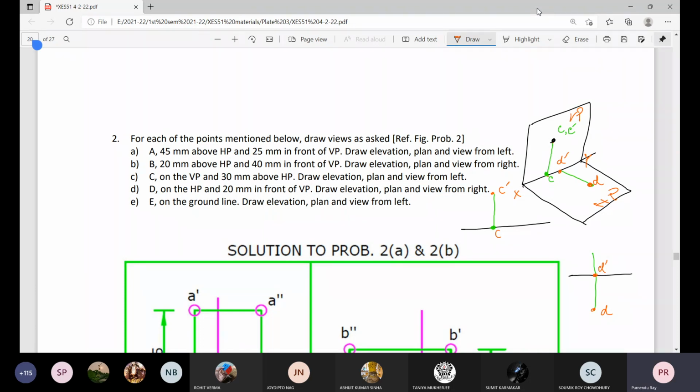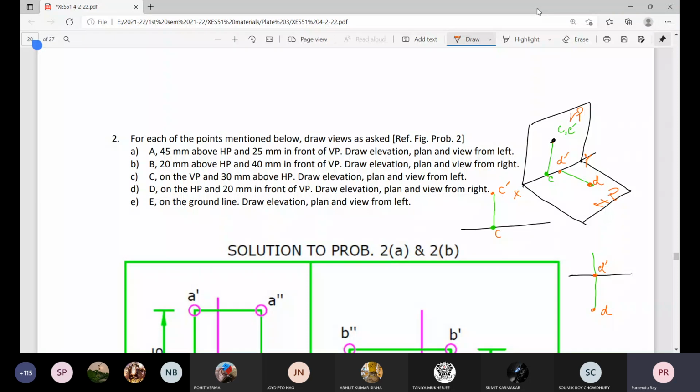So point on the horizontal plane means the distance of the point from the horizontal plane is 0. Now distance of the point from the horizontal plane is available in that height of the elevation or distance of the elevation from ground line. So naturally that distance will be 0. So for elevation d dash, if there is no distance from ground line, naturally it is located on the ground line.